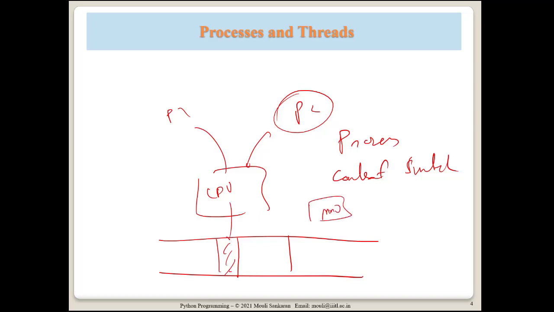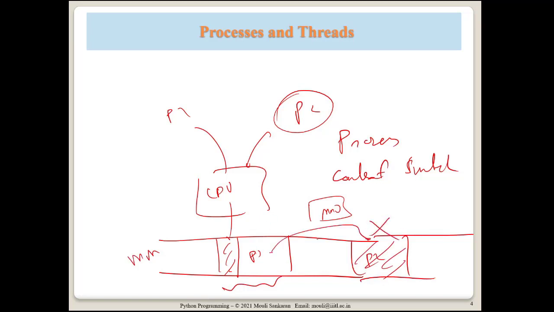Because there are two different processes, they don't have access to each other. So P1 is lying here, suppose, and P2 is in the main memory. This is the main memory, and P2 is reserved in this region. This process does not have access to that process, so they need to be protected. So the MMU, memory management unit, needs to have the limits of where this process access stops and where exactly the other process starts.